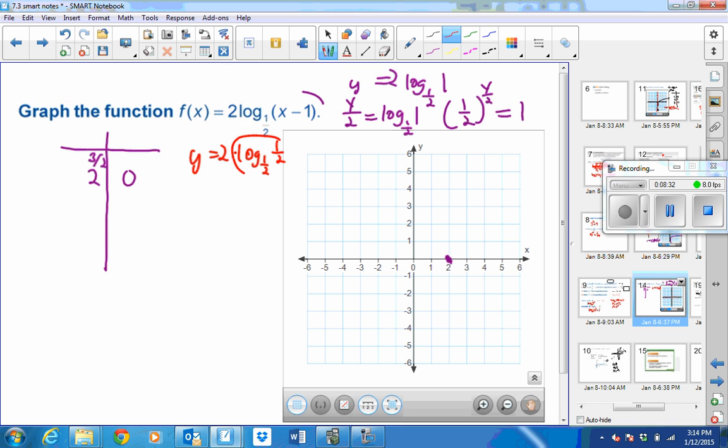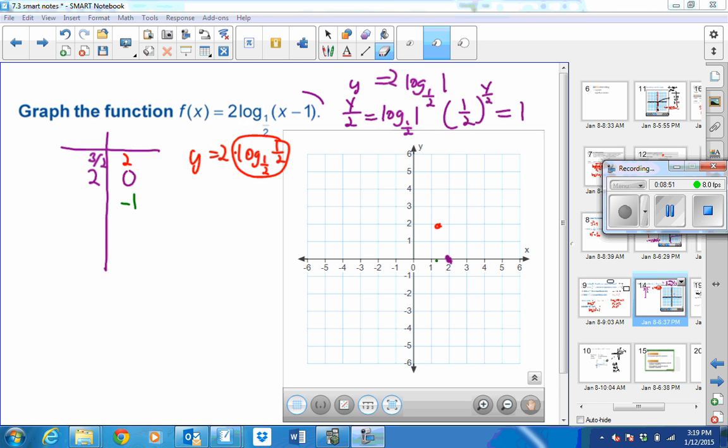Well, this part of it equals 1, and so we just have 2 times 1, which is just 2. So we have 3/2, 1 1/2, 2.